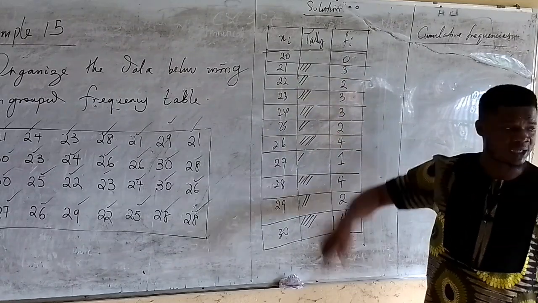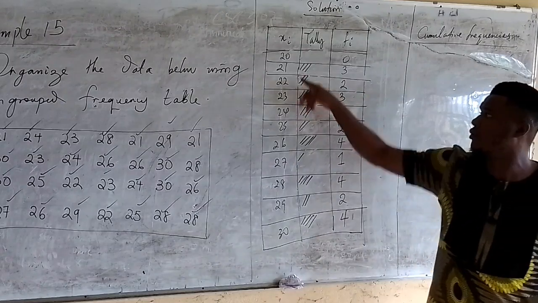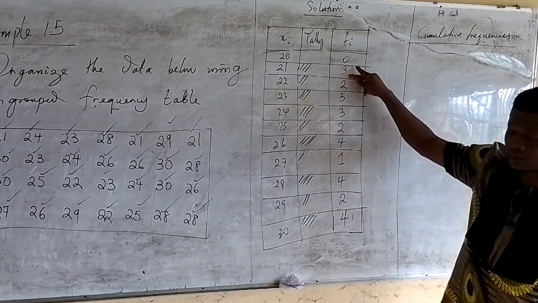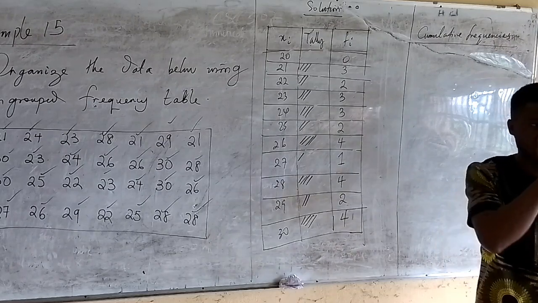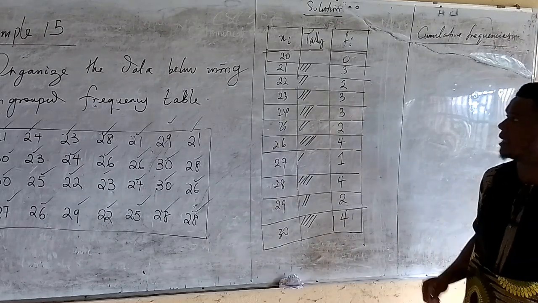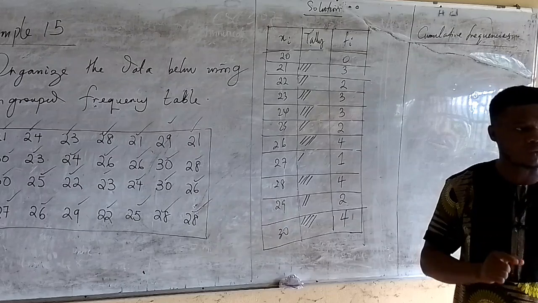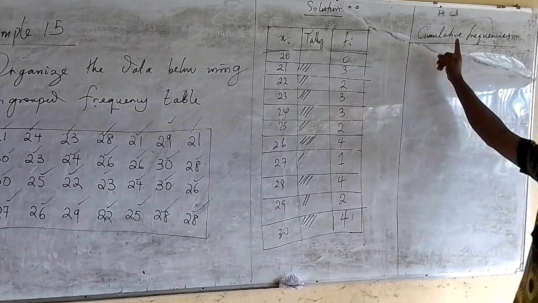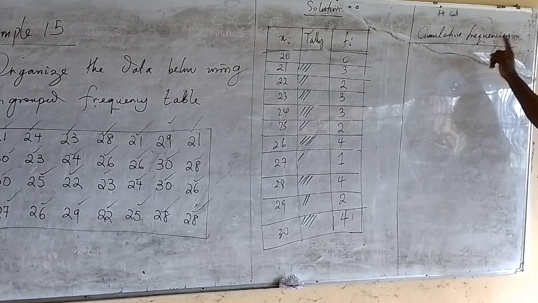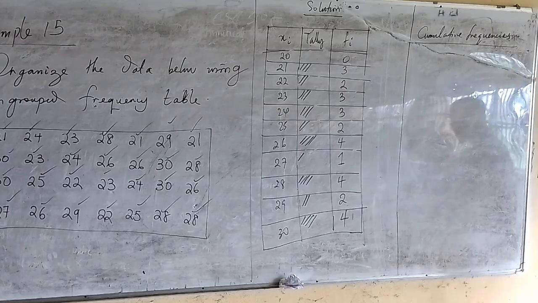If I want to answer the question, how many values range from 20 to 22? It will be 0 plus 3 plus what? 2. You get me? When you answer such a question based on the demand that you provide the total frequency for successive data entries, it gives rise to the concept of what? Cumulative frequencies. Is it clear?